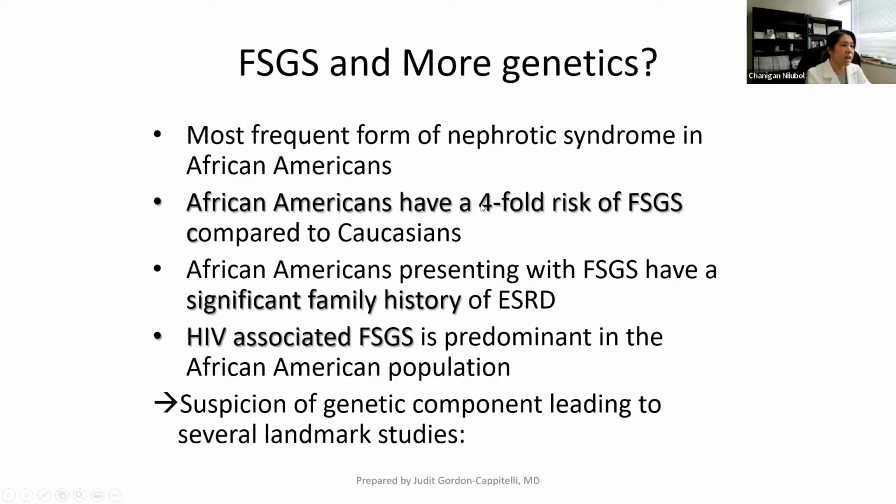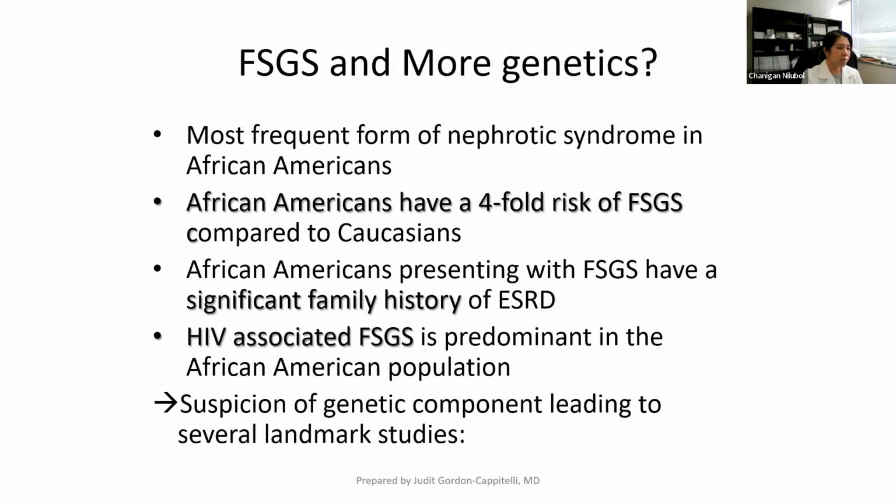So more genetics, as you may have heard over this past 10 years or so, we talk about APOL1. FSGS is the most frequent form of nephrotic syndrome in African Americans, and they have a fourfold risk of FSGS compared to Caucasians. Significant family history with ESRD.